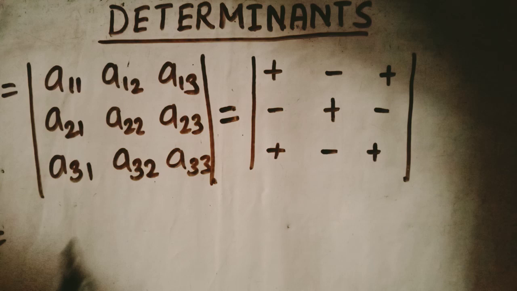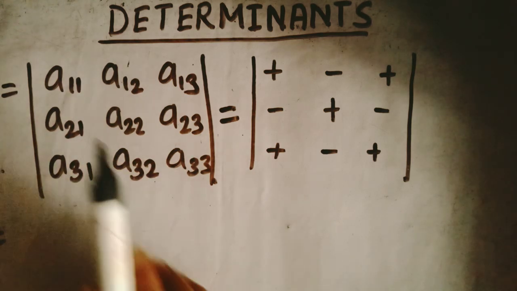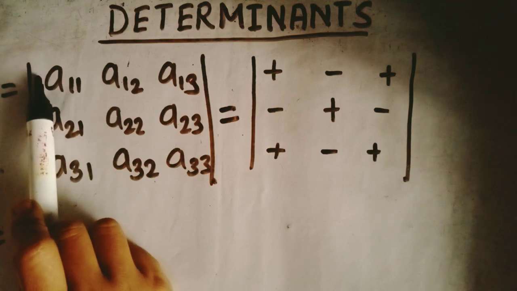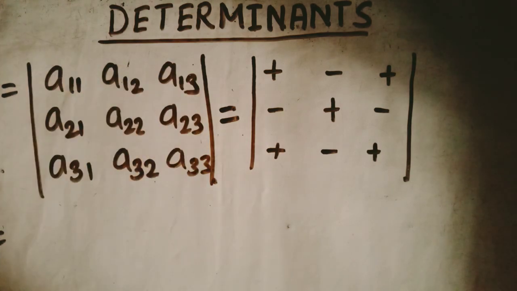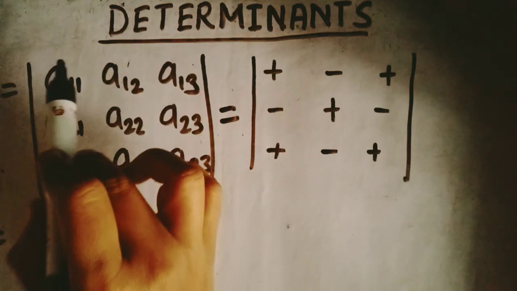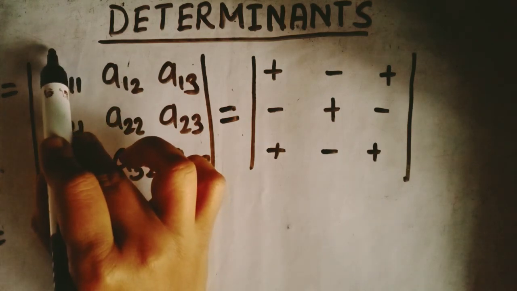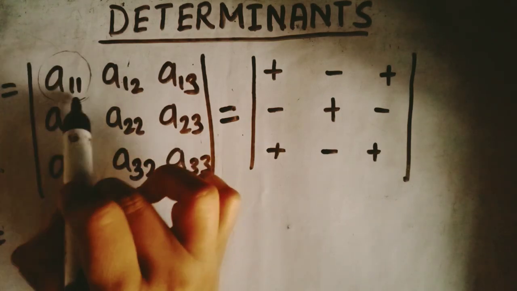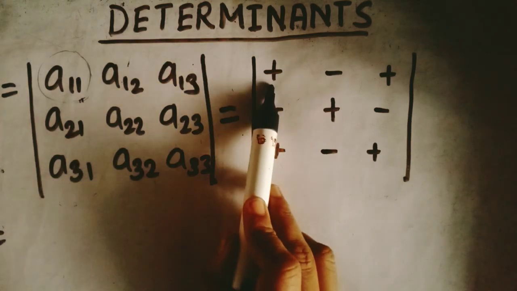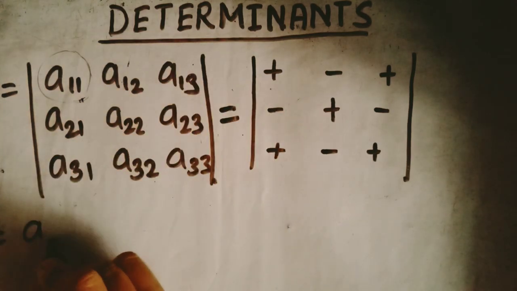Now you have to choose one of the rows or one of the columns. So I am choosing this row. If you are choosing this row and taking this element, the first one is plus, so A11.